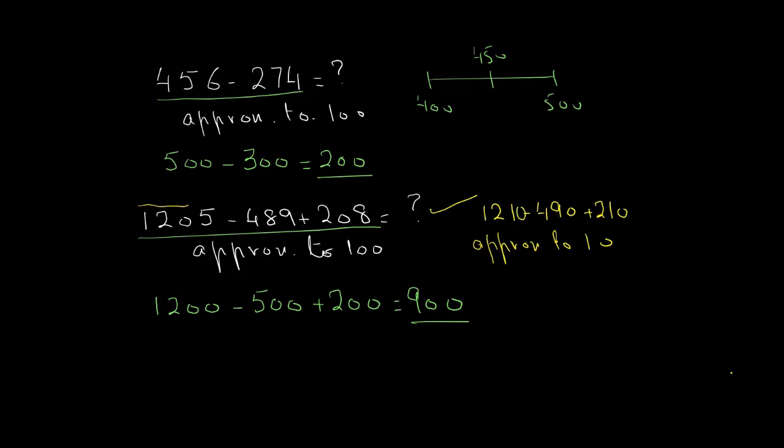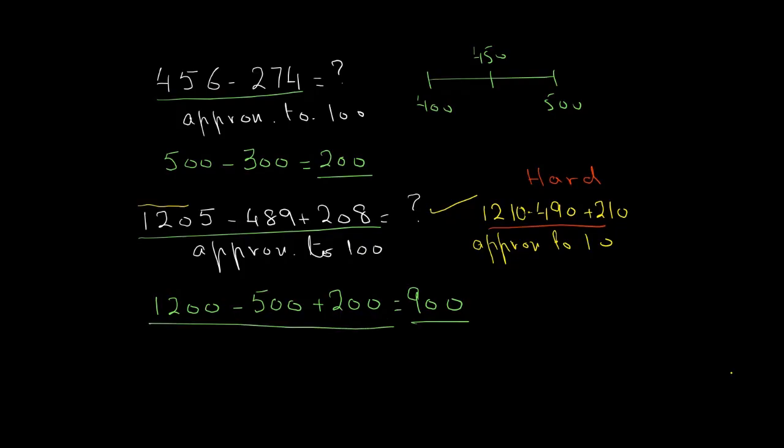Now you can see that this calculation is kind of painful to do, right? Because I have to do 1210 minus 490 plus 210 in my head. And this right now seems hard. It's not very easy to compute in my head. But this calculation was very easy.